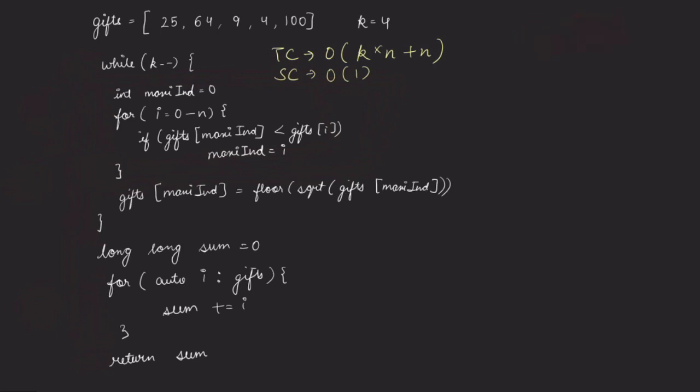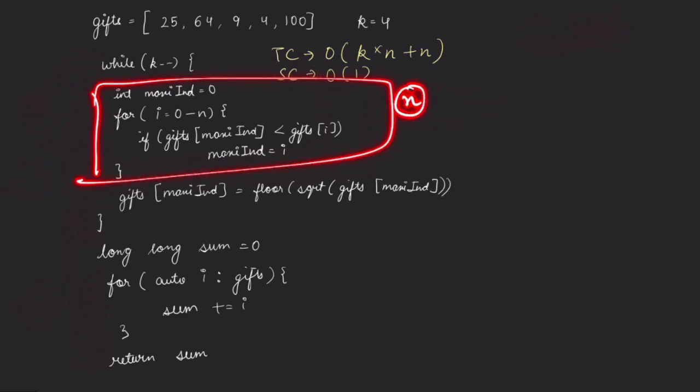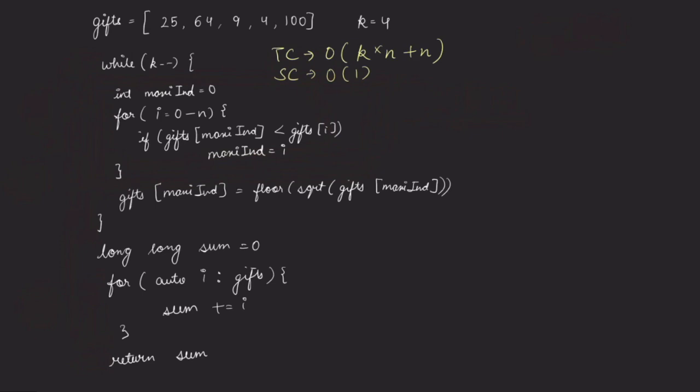Because a max heap always stores the maximum element at the top, and the heap operations take the time of log n. So finding this maximum element will be reduced from order of n to log n if I use a max heap. So simply what we can do is create a max heap.